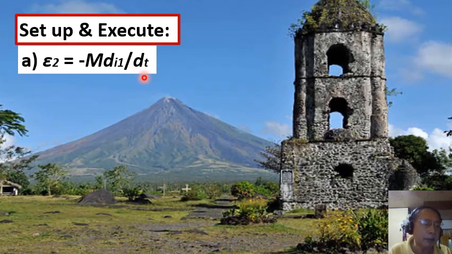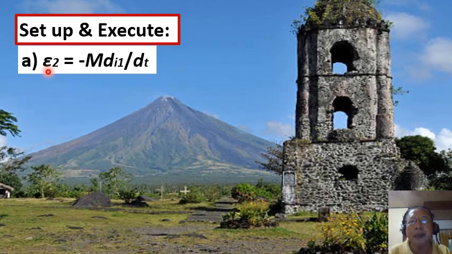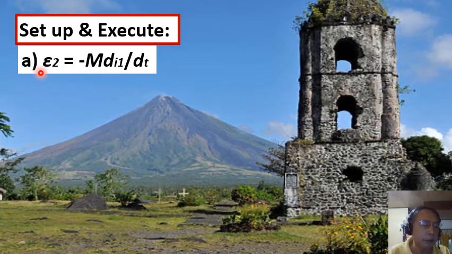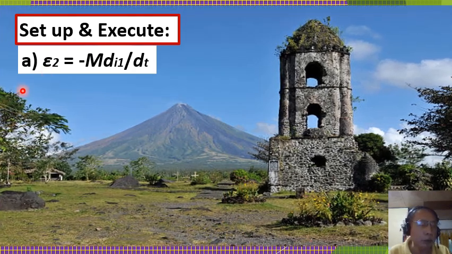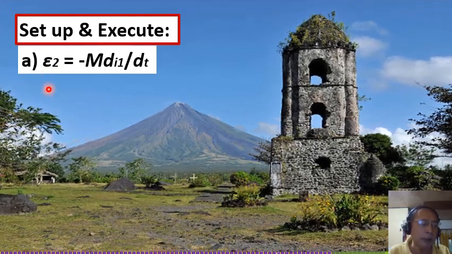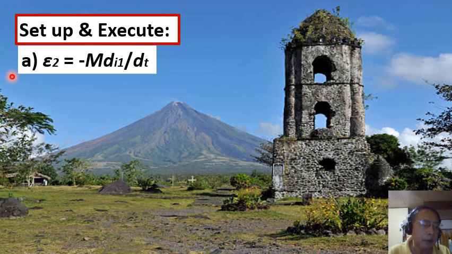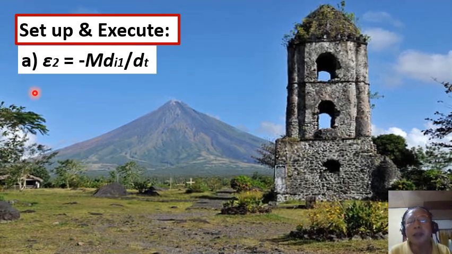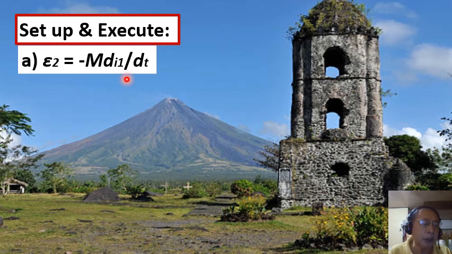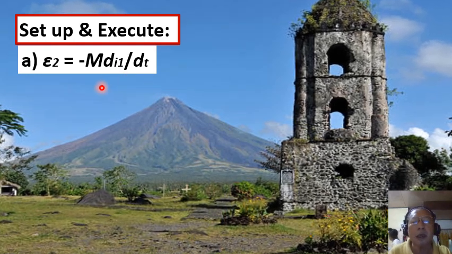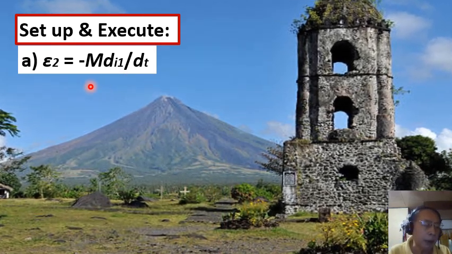This means that the induced EMF epsilon in coil number 2 is equal to the mutual inductance, capital M, times the rate of change of current in coil number 1.